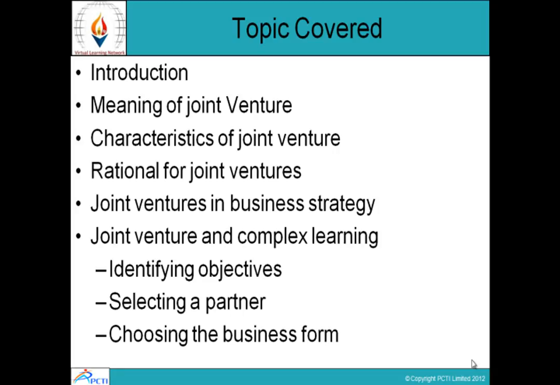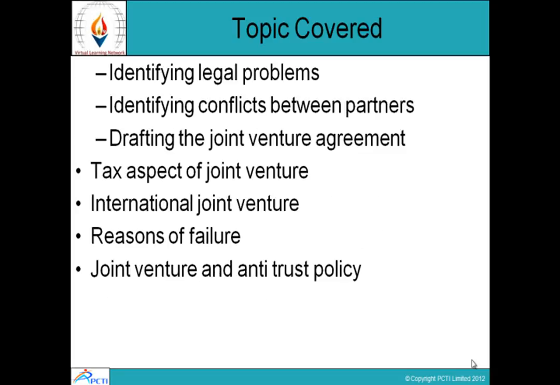Topics to be covered are introduction, meaning of joint venture, characteristics of joint venture, rationale for joint ventures, joint ventures in business strategy, joint ventures and complex learning, identifying objectives, selecting a partner, choosing the business form, identifying legal problems, identifying conflict between partners, drafting the joint venture agreement, the tax aspect of joint venture, international joint venture, reasons of failure, joint venture and antitrust policy.